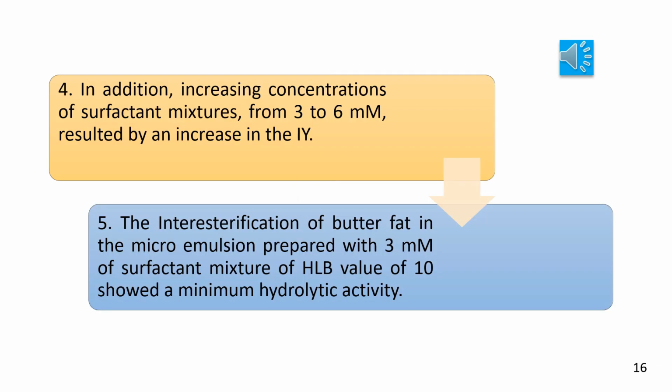In addition, we can increase the concentration of surfactant mixtures from 3 to 6 mM, which results in an increase in the interesterified yield. So the interesterification of butter fat done in the microemulsion system prepared from 3 mM of surfactant mixture with an HLB value of 10 will show minimum hydrolytic activity.